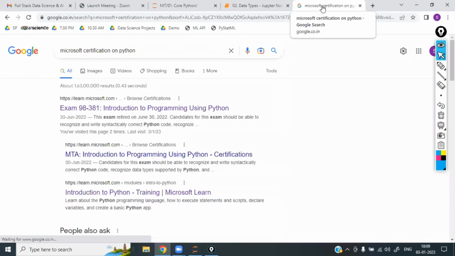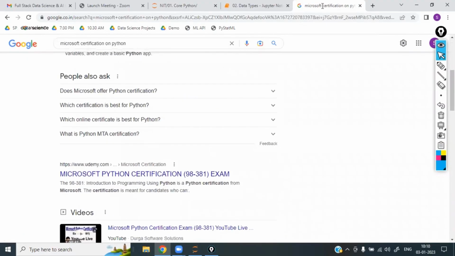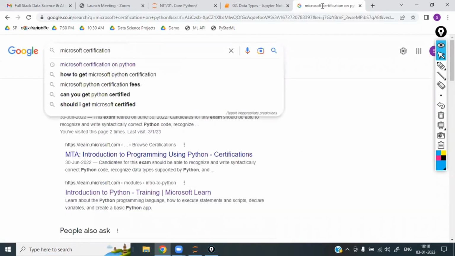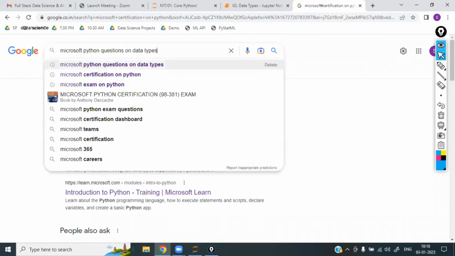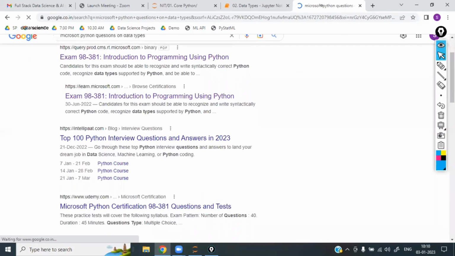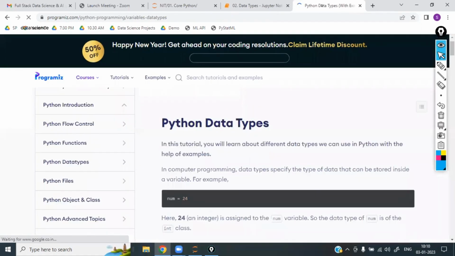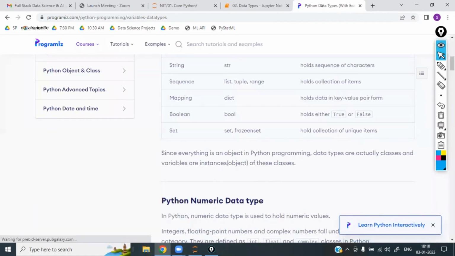Whatever the first one you get, that is the one. Is that clear? Now, if we want sample questions, just type Microsoft questions. Here you will get some questions, and the questions are completely objective, right?